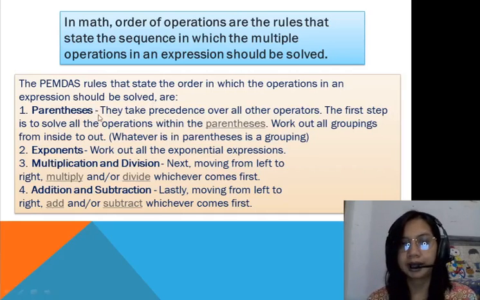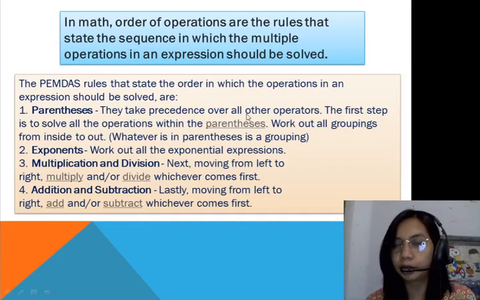Parentheses, number 1. They take precedence over all other operators. The first step is to solve all the operations within the parentheses. Work out all grouping from inside to out. Whatever is in parentheses is a grouping.